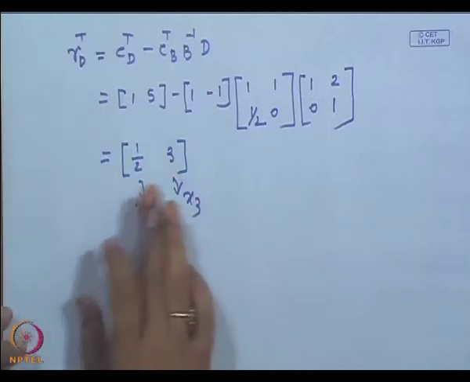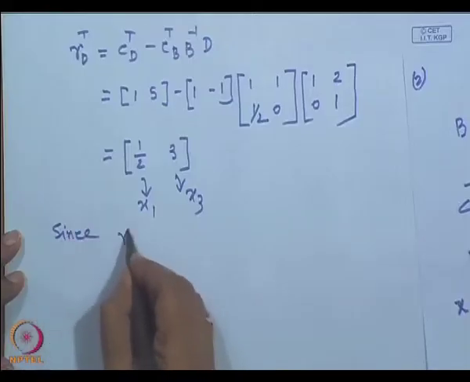So, there is no negative term in the R D transpose there. So, it indicates it is not possible to reduce the value of the objective function further. So, our objective function value will remain the same as earlier.